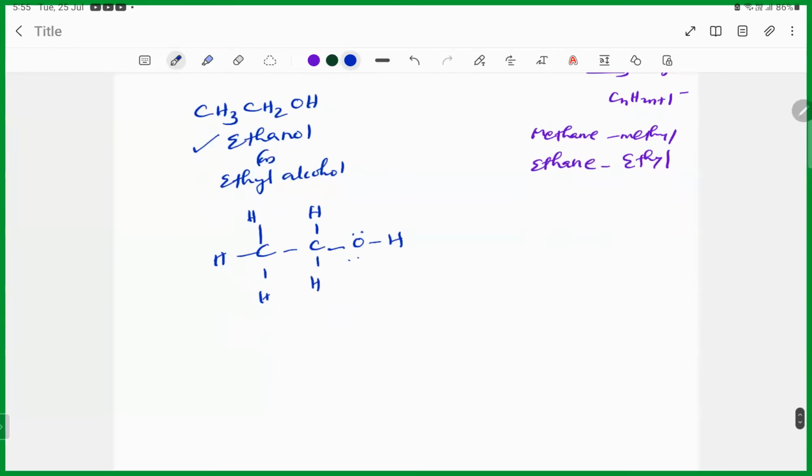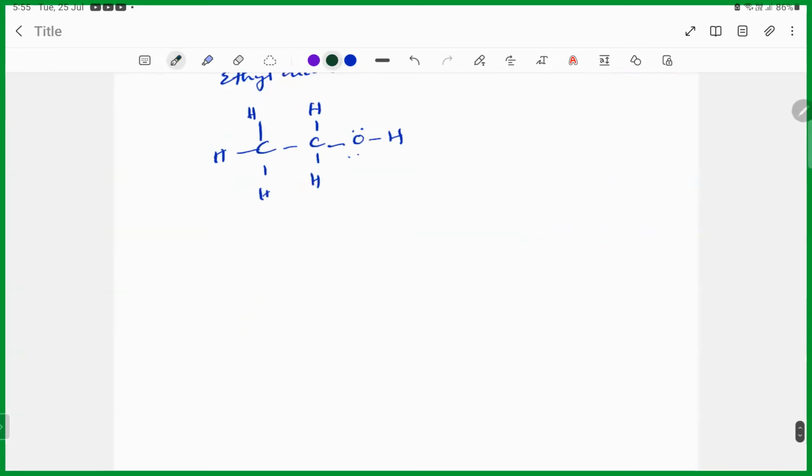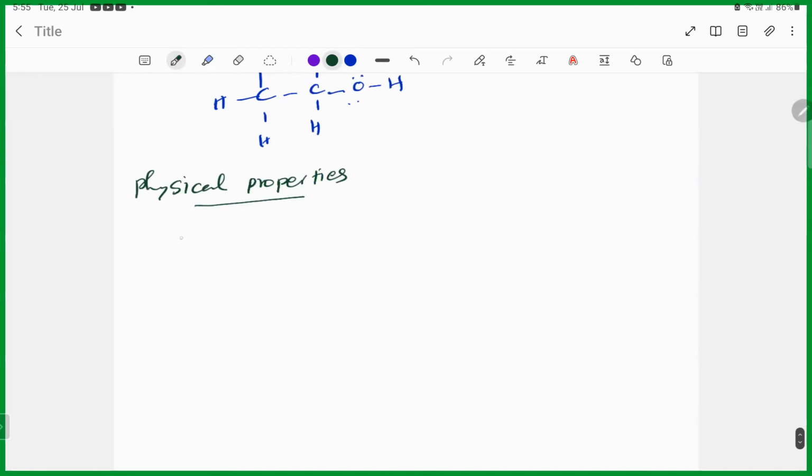And what are the physical properties? Number 1, it is a versatile solvent.